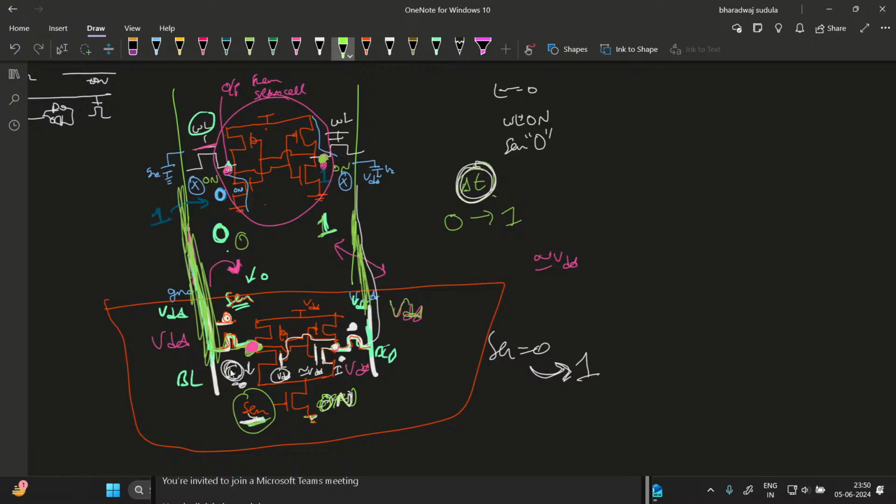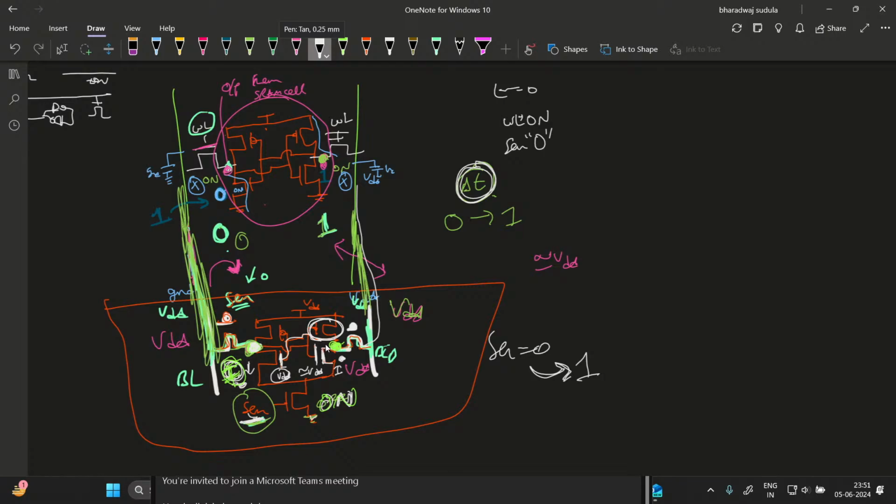Since this current is very high, this left transistor's node gets to 0 very fast compared to this one. If this node gets to 0 first, then this PMOS would have turned on, right?